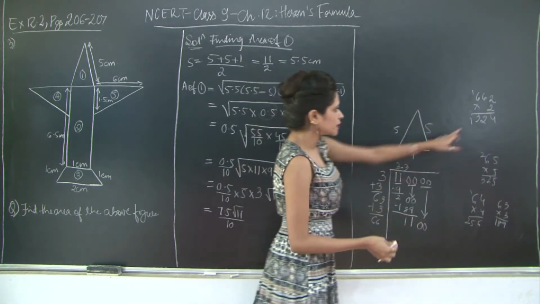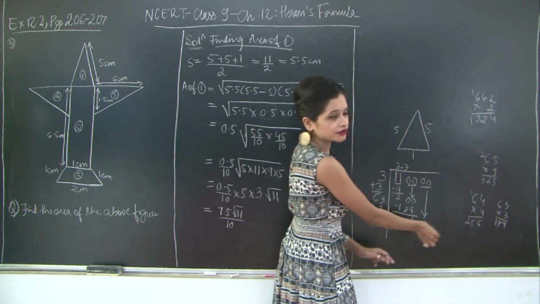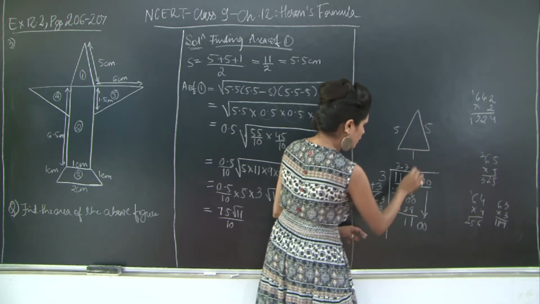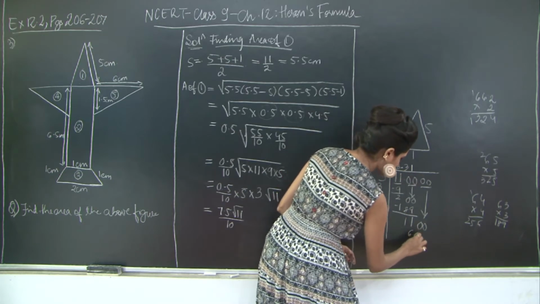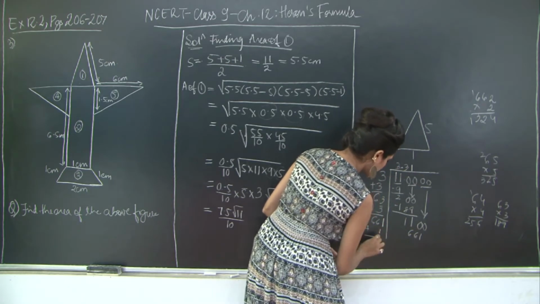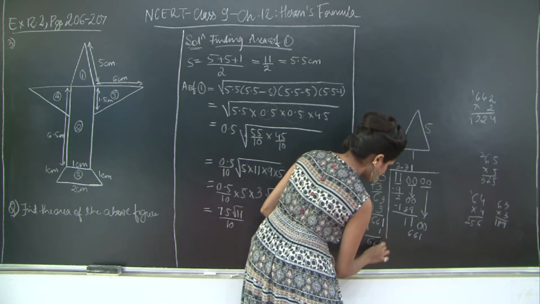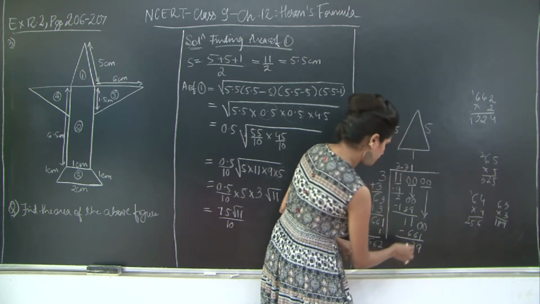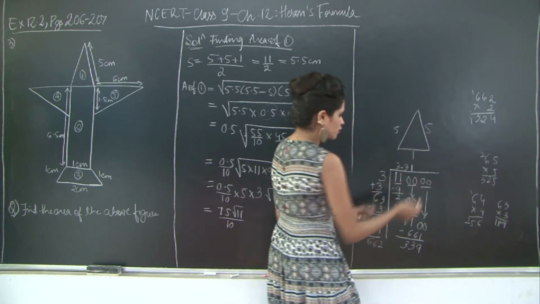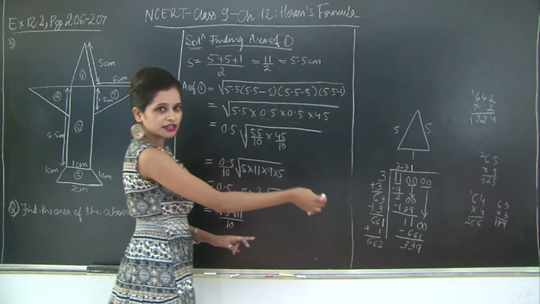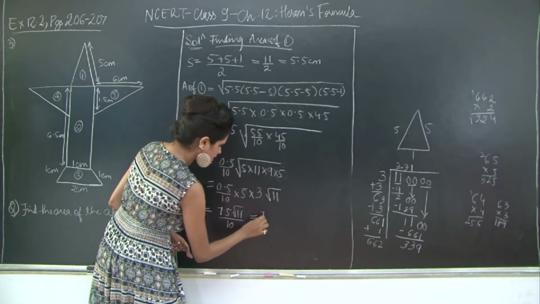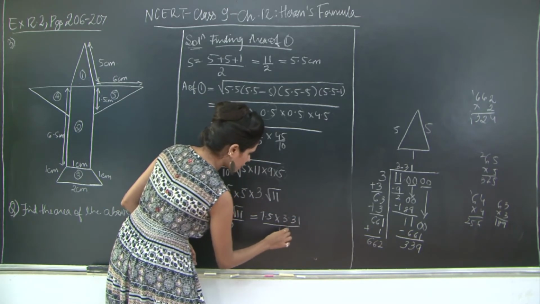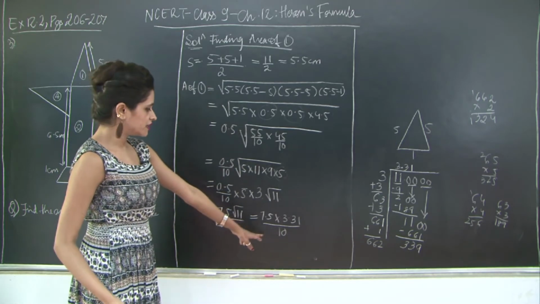This is not going to work because it's more than 1100, right? Let's check again. So I will have to take 661 into 1. 661. And I will add this 1 over here. I get 662. Subtracting, I get 339. So my root 11 is approximately equal to 3.31. So this is 7.5 into 3.31 divided by 10. Let's multiply 3.31 with 7.5.